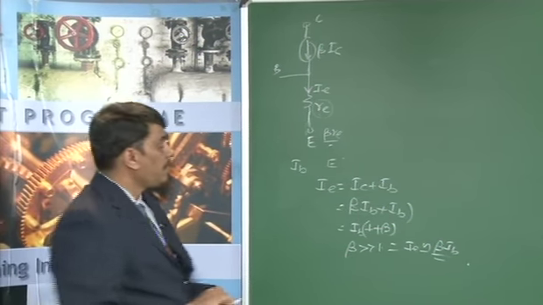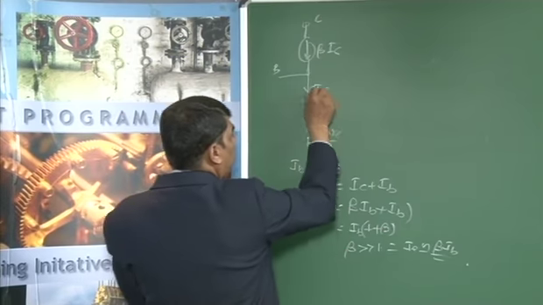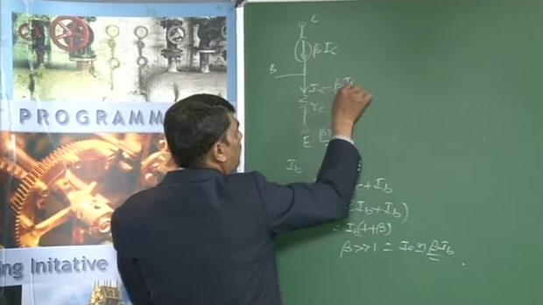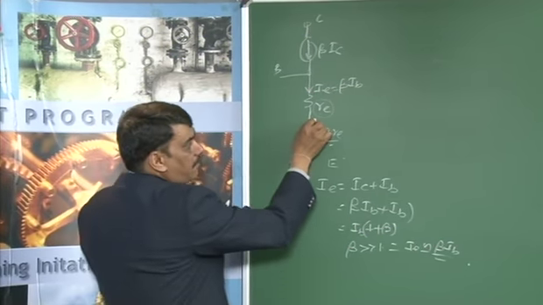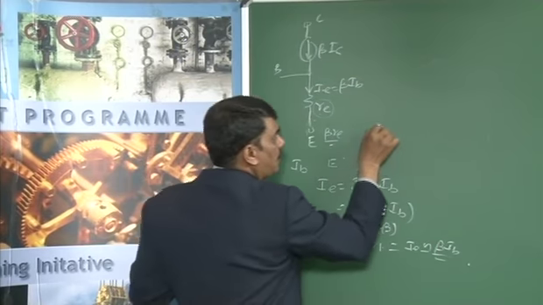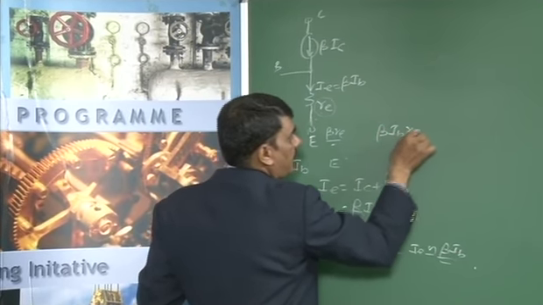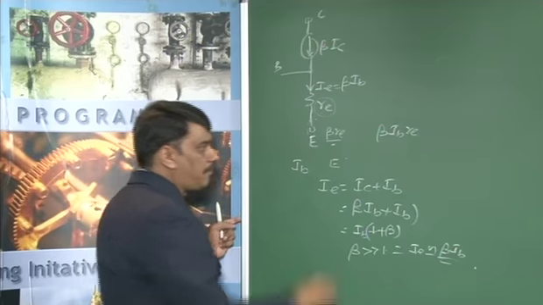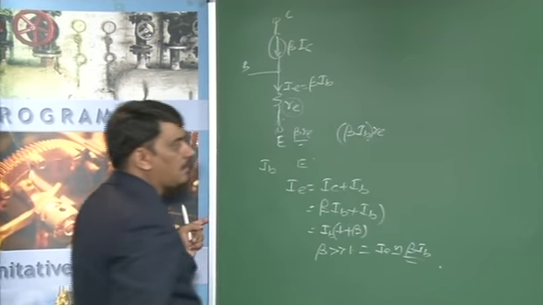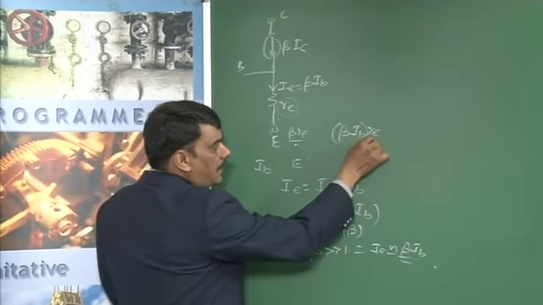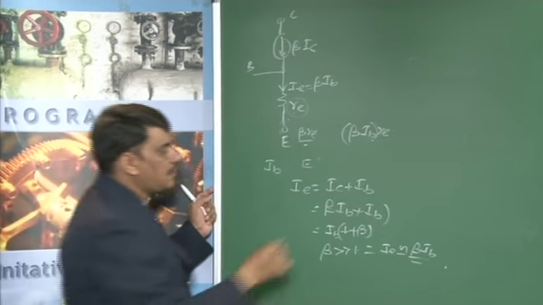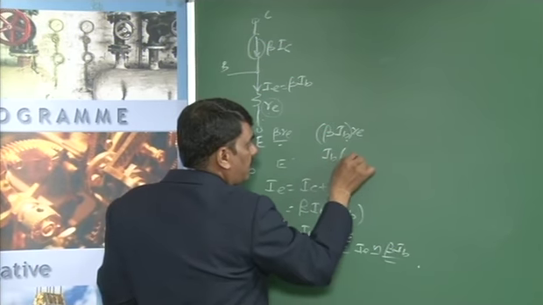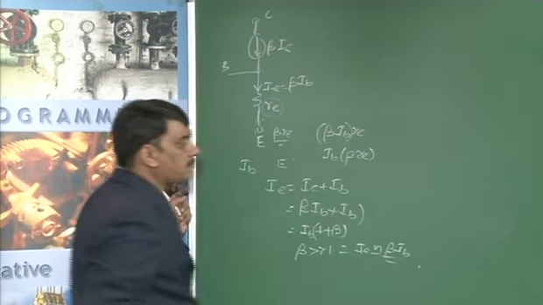Then we have to replace IE, the current flowing through this, with beta times IB. Then what is the voltage across this emitter resistance? It is nothing but beta IB times RE. This can be rewritten as IB times beta times RE.